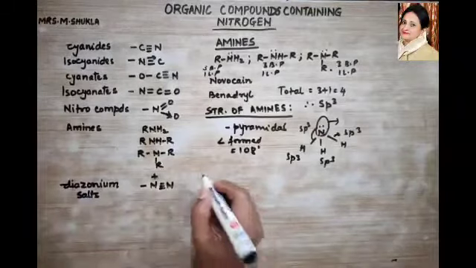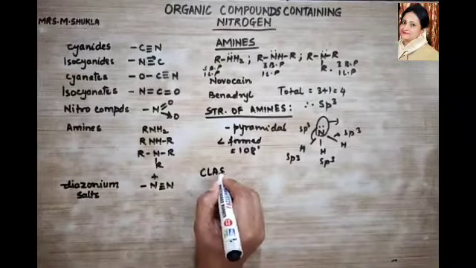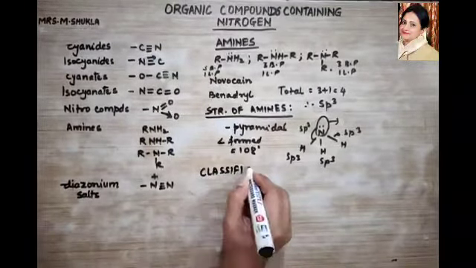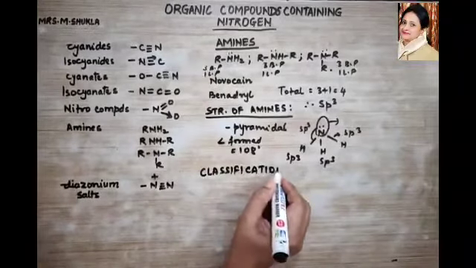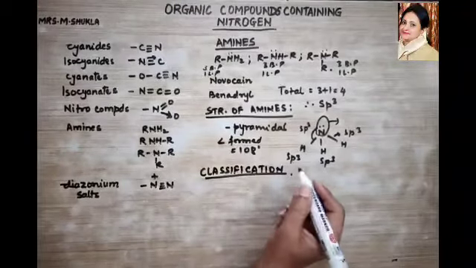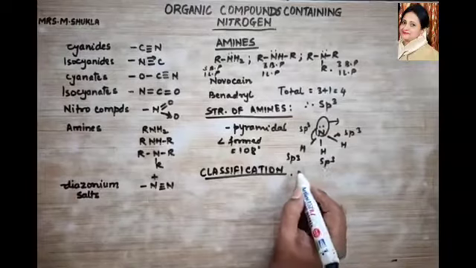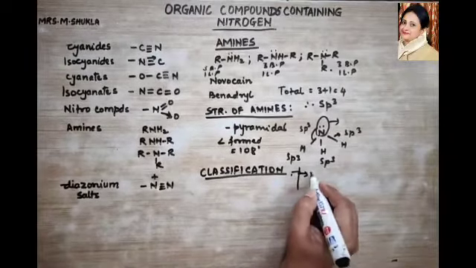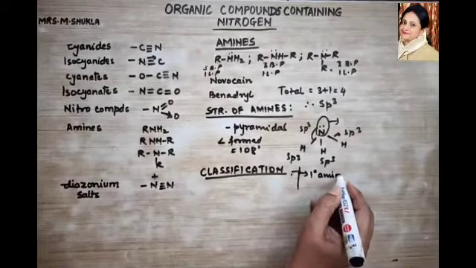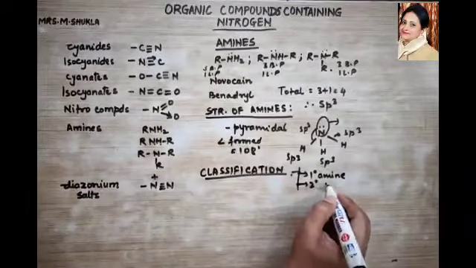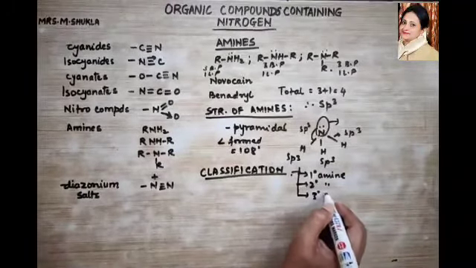Now let us go to the classification of amines. They are classified into 3 types: primary amine, secondary amine, and tertiary amine.